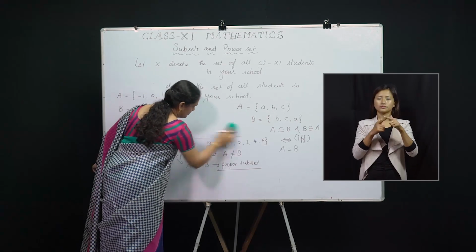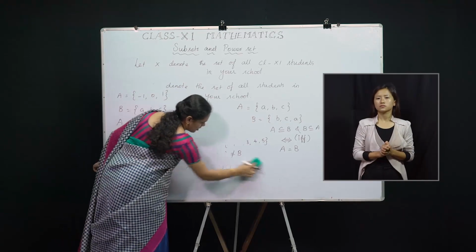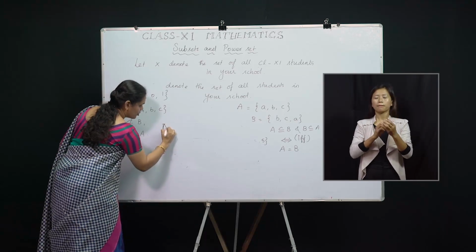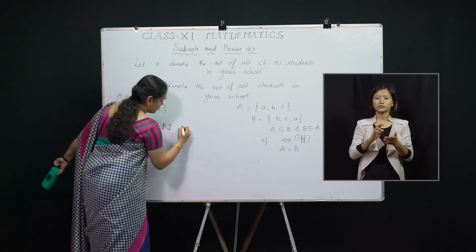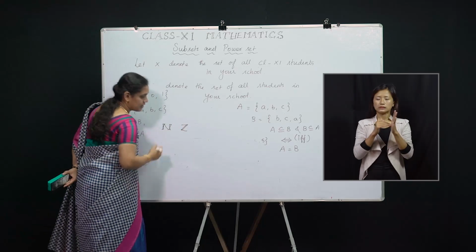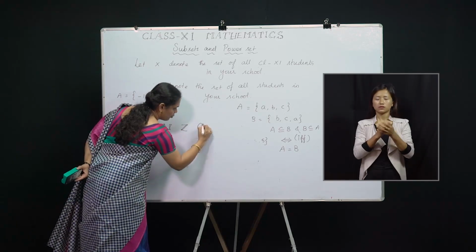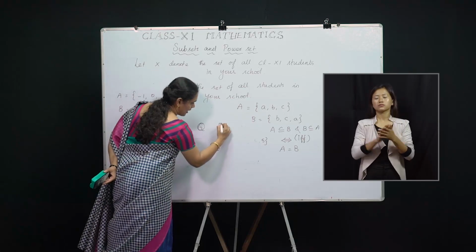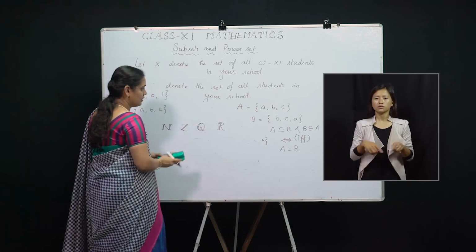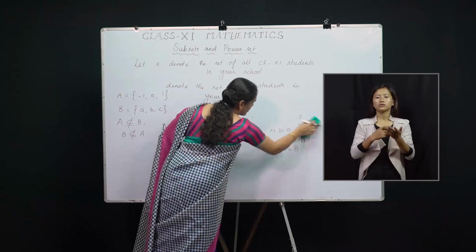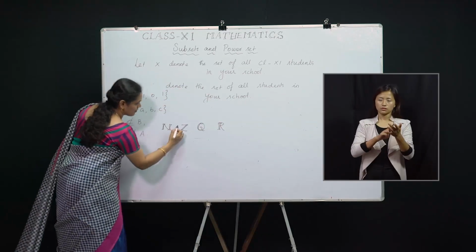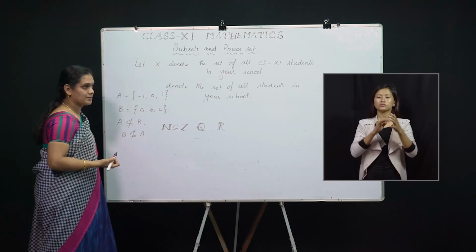All right. Then we will see some subsets with the known symbols. Already we have learned these symbols: N for natural numbers, Z for integers, Q for rational numbers, the set of all rational numbers, and R for the set of all real numbers. So here N is a subset of Z, right?